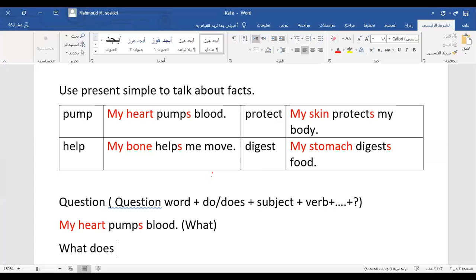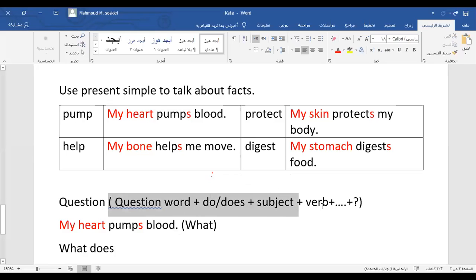Okay. Yasin, after using do or does, what comes next? Just before you answer, listen to me first. Look at the grammar rule. Can you see the grammar rule now?